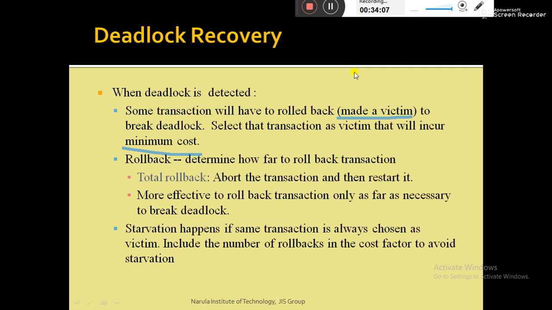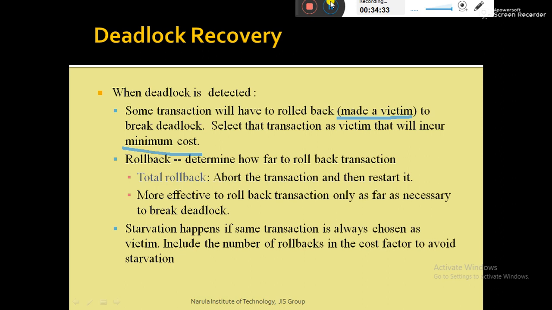But if the transaction still requires a huge number of data items, then it will incur maximum cost. So based on these criteria, we can select a victim. The transaction which will incur the minimum cost is selected as a victim.